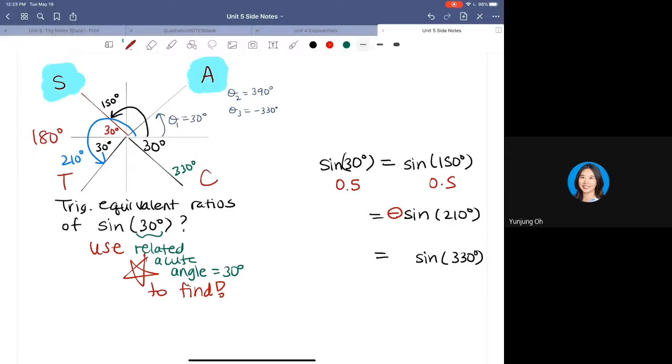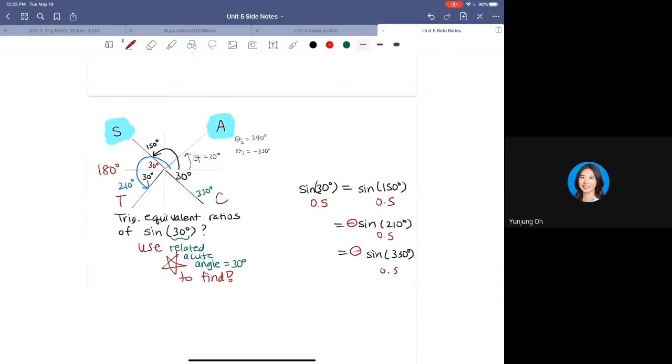Yeah, exactly. Is it making sense? Then I'll just check on my calculator. Negative sine 330, I'm getting 0.5. Everything's working. So I gave three equivalent ratios of sine 30. I'll just clean this up and I can add it on.